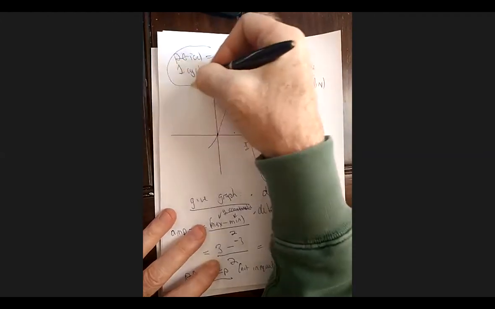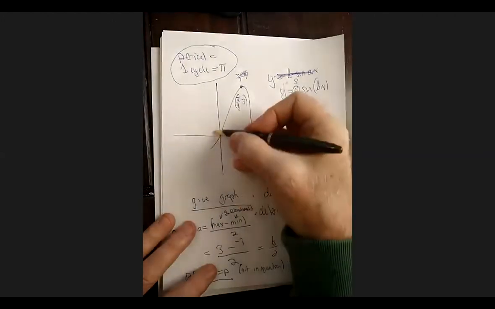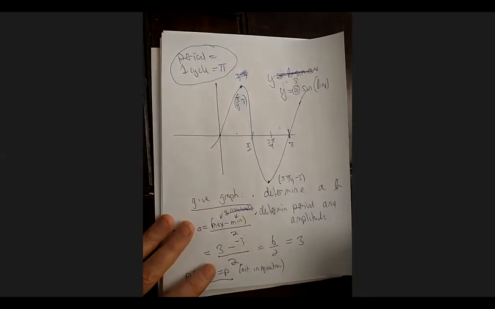So the period is 1 cycle, and that's going to be pi, because you just look, it goes up and down once.